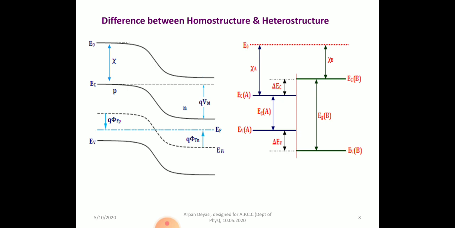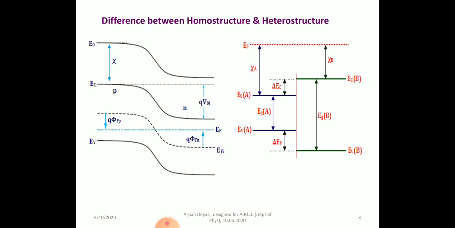So now I am following Anderson's rule to draw the heterojunction. What is Anderson's rule? If you have different materials, then you have to align the vacuum level. So if I draw the constant vacuum level, shown as the orange dotted horizontal line at the top, then you will get two different electron affinities, chi A and chi B, for semiconductors A and B respectively.